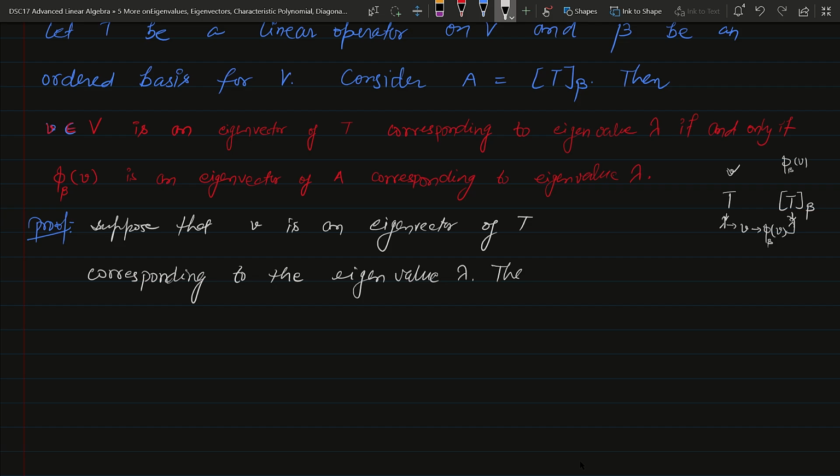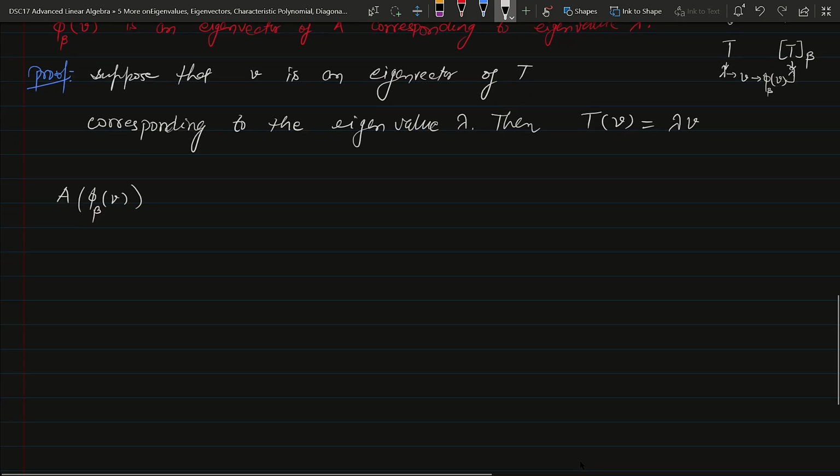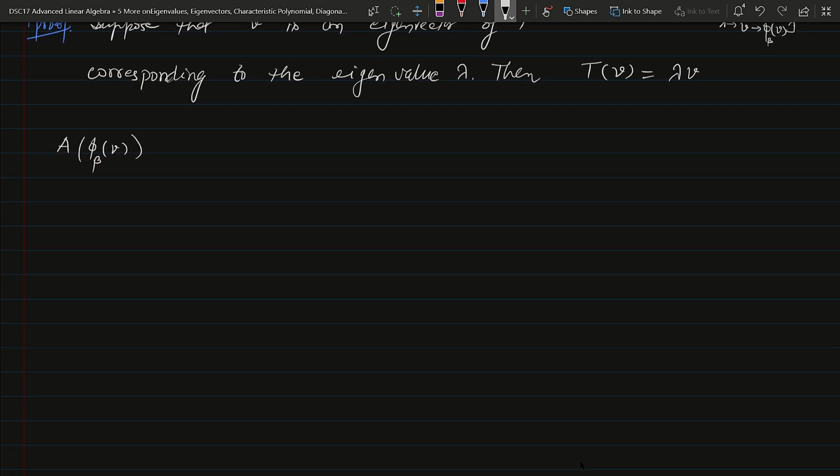Then we have T of v equal to lambda v. This is the definition of eigenvector corresponding to the eigenvalue lambda. Then to show that this phi beta of v is an eigenvector of A, what do we have to calculate? We want to find this A image of phi beta of v, and we will identify that this must be equal to lambda times phi beta of v.